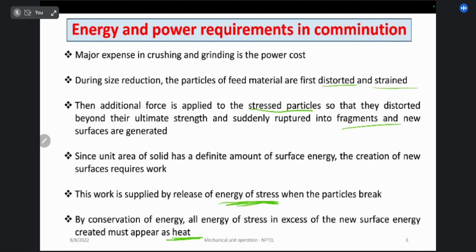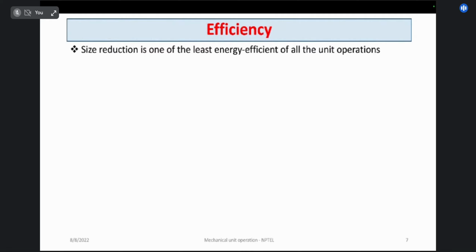So you can see that whatever final material you get has a higher heat energy than the feed material. So this is the importance of power requirements. Now, efficiency. Size reduction is one of the least energy efficient operations.